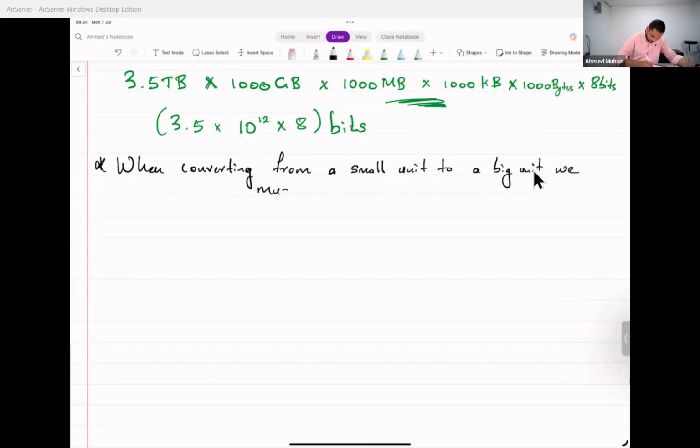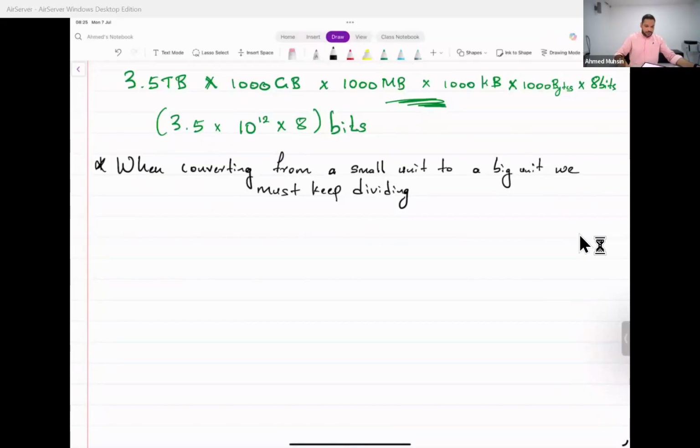We must keep dividing. Everybody, can you get down this rule? When converting from a small unit to a big unit, we must keep dividing. Okay, boys, I have taken it down. Okay, we must keep dividing.